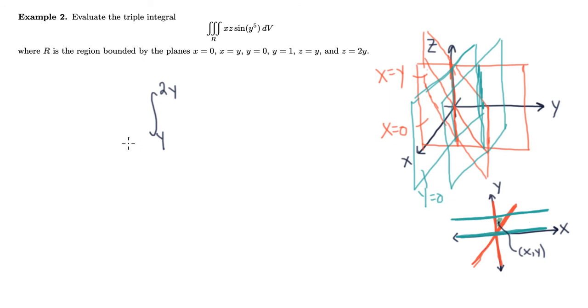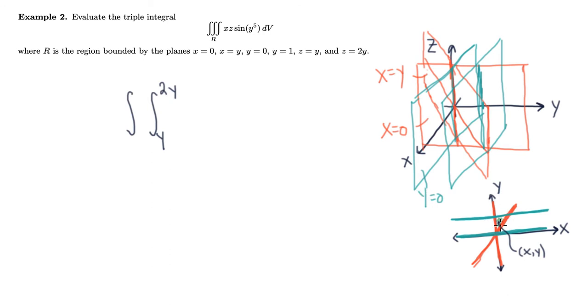Okay, so let's think about what's actually going on in this triangle. For a fixed x and y in this triangle, z is going to go from y all the way up to 2y. So it's going to be like this plane and then this plane up here that I'm not drawing, because it's just going to make this picture even more convoluted.